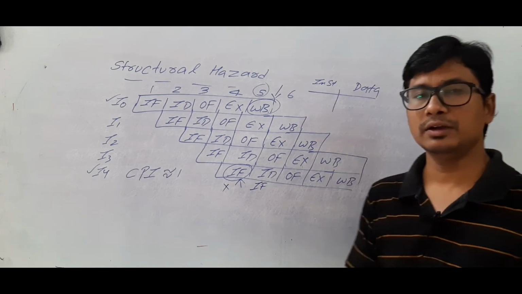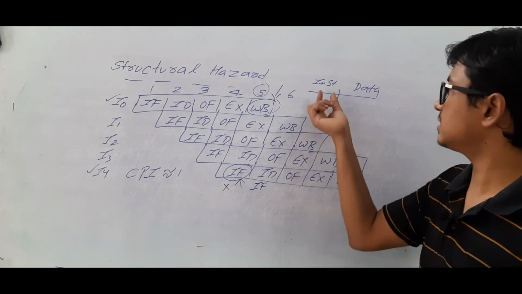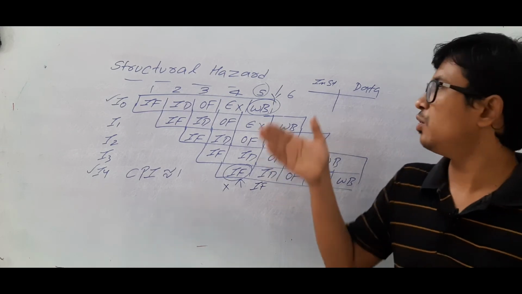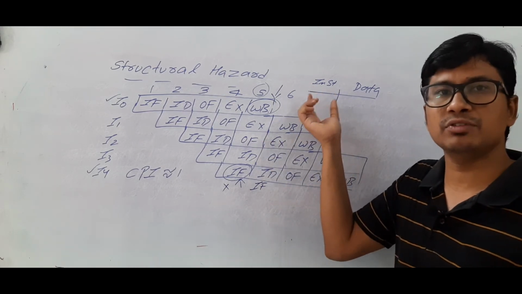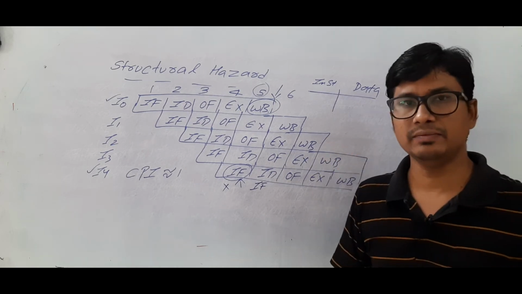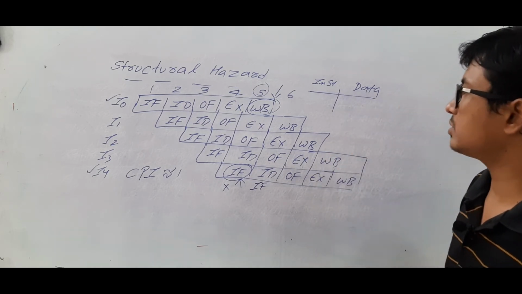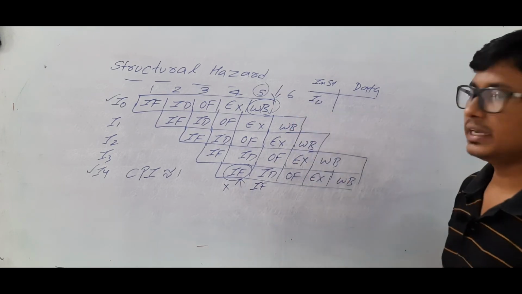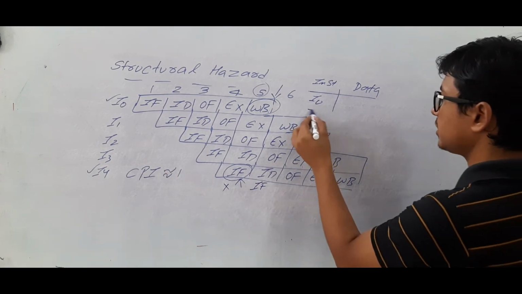We will do the resource duplication such that we will have a memory and divide it into two parts. In one part we will save all the instructions and in another part we will save all the data. Suppose instruction I0 I am storing here. Instruction I4 I am storing here.